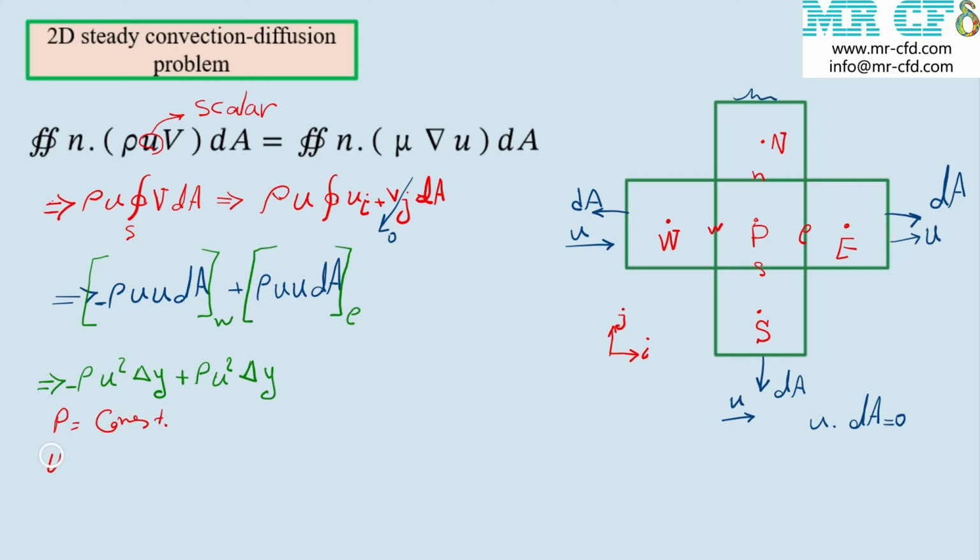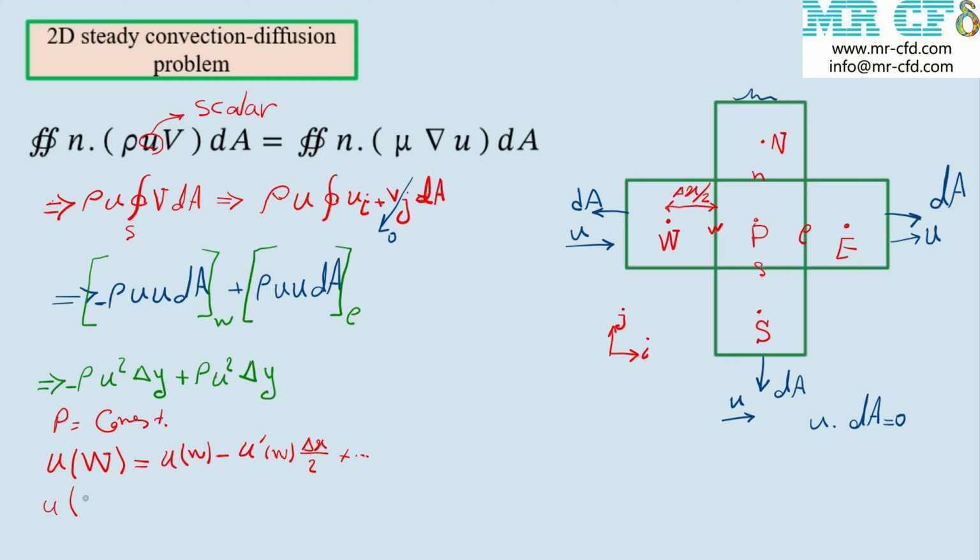So if we write u at the west node with the Taylor series based at face w, we can write u_w minus u prime multiplied by delta x divided by 2, and half delta x is the distance between the face and the node of the west cell.